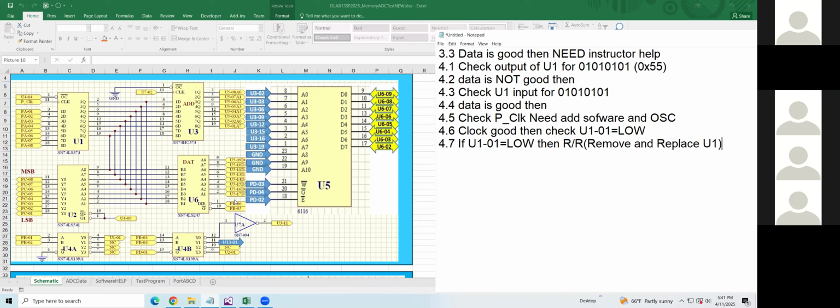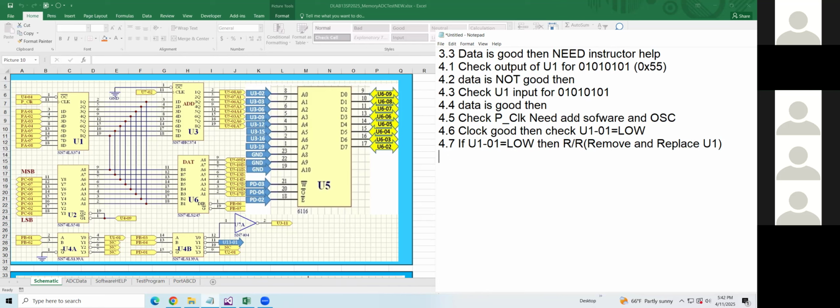If you get input right, output wrong, change the IC. And now, another problem is: check input U1, data good. Check P clock.